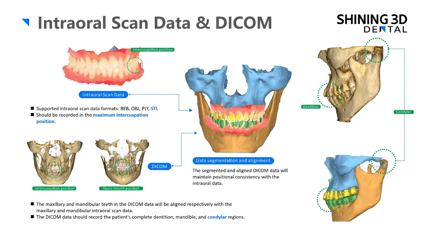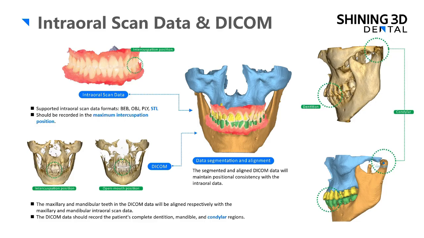After the data is aligned, the software will dissect the mandible from the DICOM file we imported, and then, according to the intraoral scan bite we imported, the software will automatically change the second, open mouth position DICOM file into the maximum intercuspal position using the bite data we imported from the intraoral scan data.